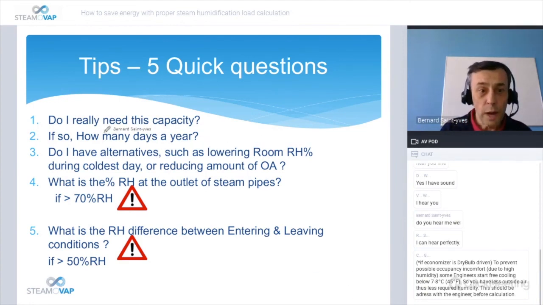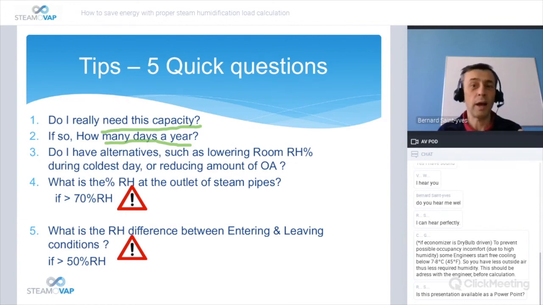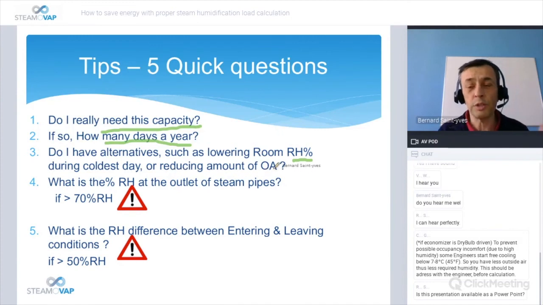And then, so do I need this capacity? Then the question is, how many days a year will I need this capacity? Is it 1 day? If it's 1 day, maybe I don't need it. Do I have alternatives, such as lowering the room relative humidity during the coldest day or reducing the amount of outside air? And what is the percentage of relative humidity at the outlet of the steam pipe?